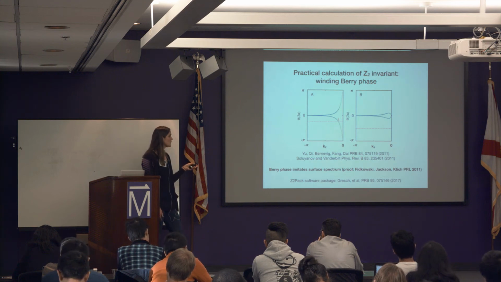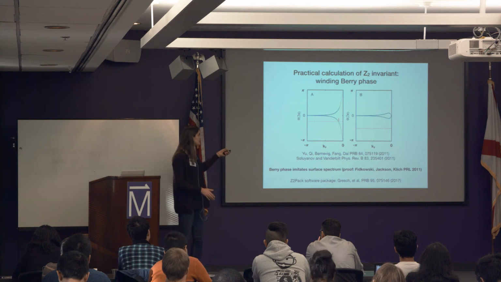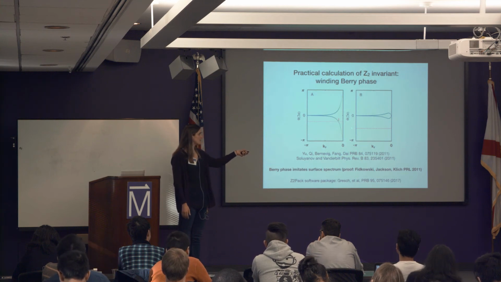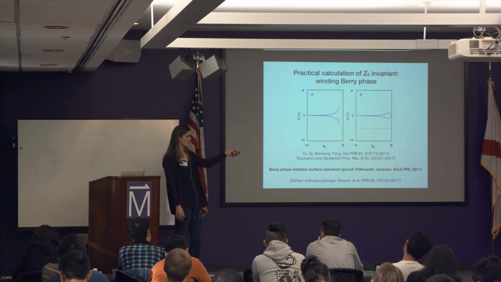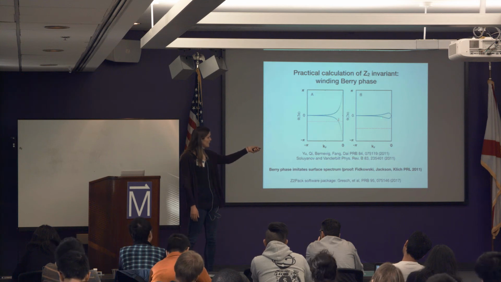So a practical way of computing the Z2 invariant is to compute the Berry phase of your multiple bands and see if they make this winding picture, and then count the number of crossings that you have. If you have an odd number of crossings, then you have a non-trivial Z2 invariant, and if you have an even number of crossings, which in this picture is 0, then you have a trivial Z2 invariant. And you can see, even if you moved your Fermi level up, then we have two crossings.